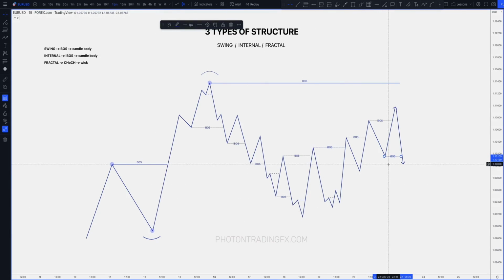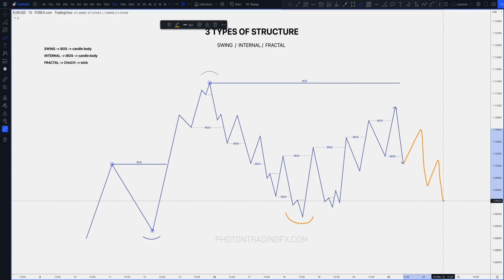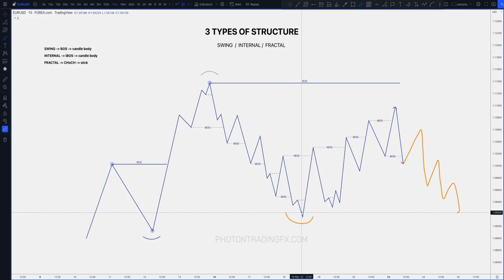It's now against the swing structure. And now what we can expect is that this larger low, this swing low that tried to form, is likely weak. And what we can expect now is that this bearish internal trend will continue until it takes out this swing low. Or sorry, it's not a swing low yet, but this larger internal low. Okay, hopefully that makes sense.